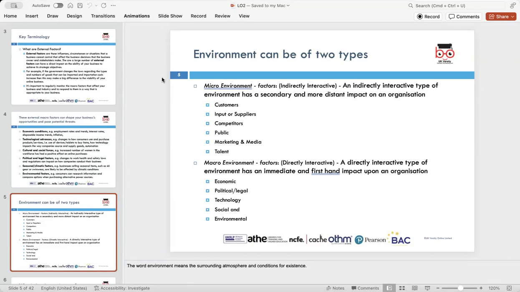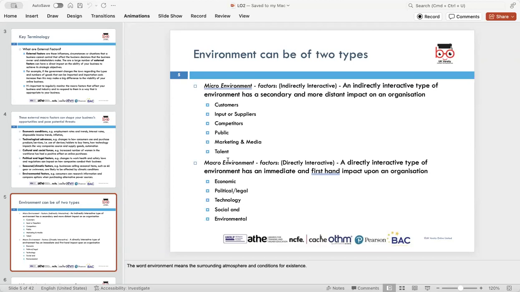Okay. So environment can be of two types: micro environment and macro environment. An environment that is indirectly interactive has a secondary and more remote impact on an organization. This form of environment is referred to as indirect impact. So consider the following aspects: consumers, suppliers, competitors, public, marketing, and media.